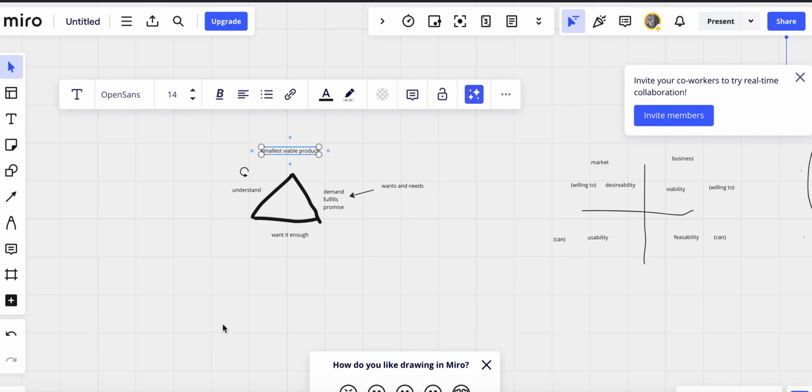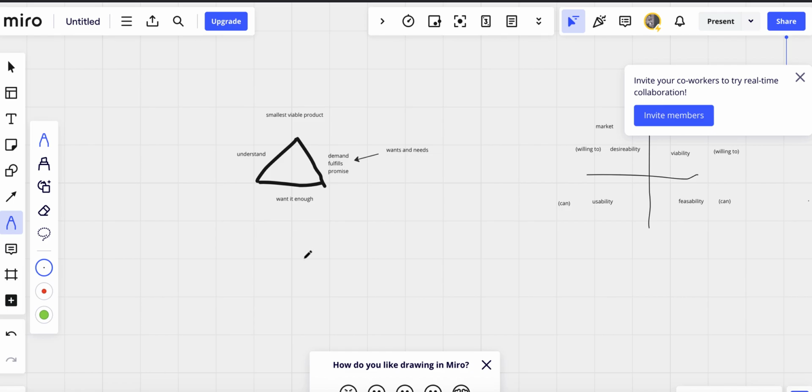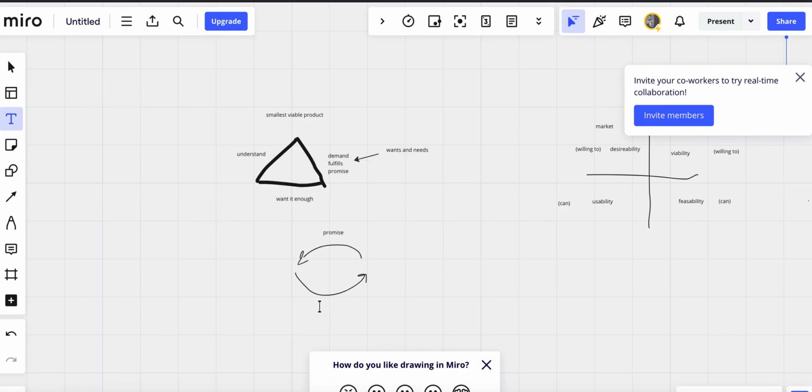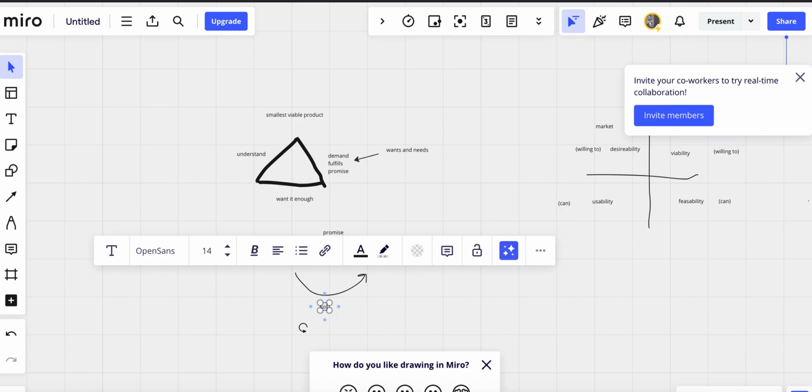So in the initial video, there's this drawing of this kind of a thing, and over here we have promise on top, and down below we have solutions.